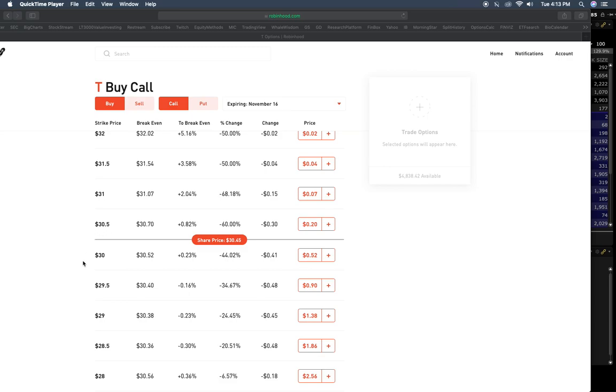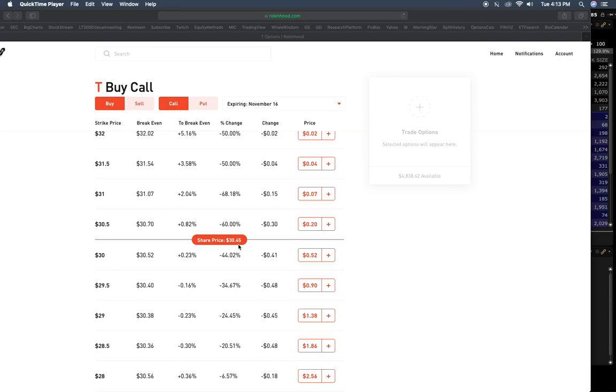If the stock price is above the strike price, you have intrinsic value. So, this $30 strike price call has $45 of intrinsic value. Okay? This 50 strike price call has zero intrinsic value. Intrinsic value is how much your option will be worth at the time of expiration. Okay?